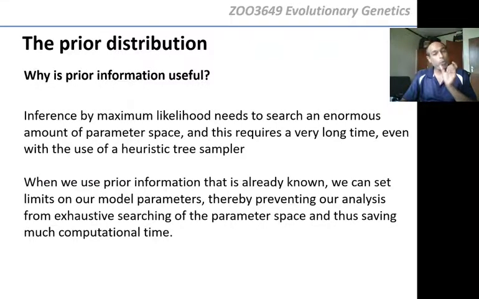So when we use prior information that is already known, we can set the limits of our model parameters. So we can prevent our analysis from searching exhaustively in a part of the parameter space that is not going to yield high likelihoods. Okay?